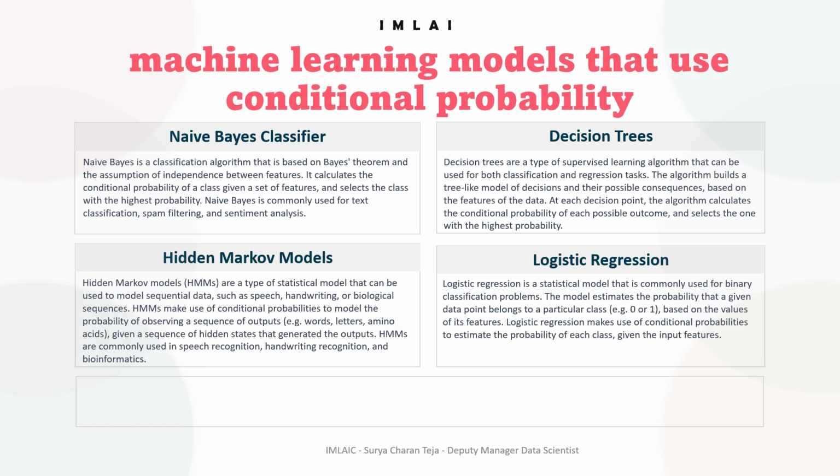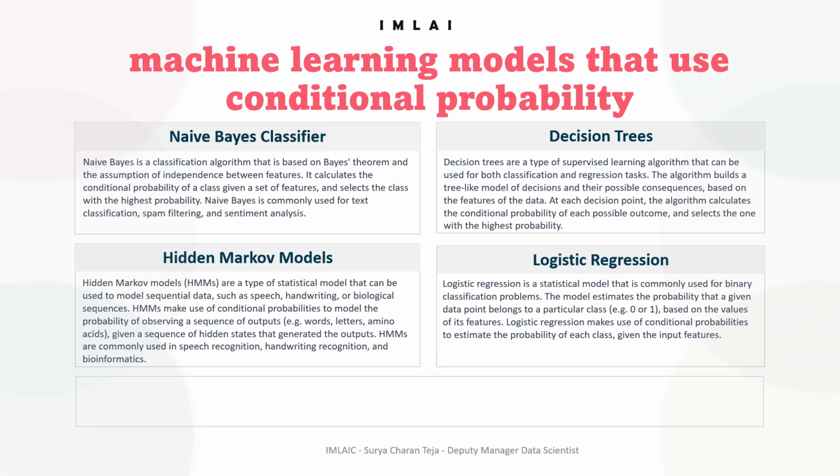The model estimates the probability that a given data point belongs to a particular class, for example 0 or 1, based on the values of its features. So logistic regression makes use of conditional probabilities to estimate the probability of each class given the input features.